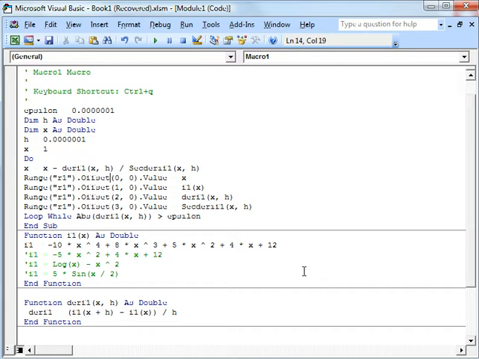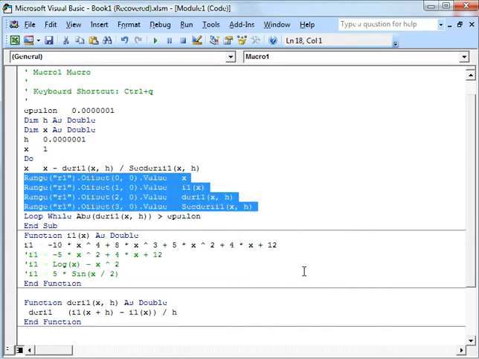Again, because we're trying to find the root of the first derivative and therefore maximize the original function. The rest of the code just allows me to print out my results into the spreadsheet that I had.